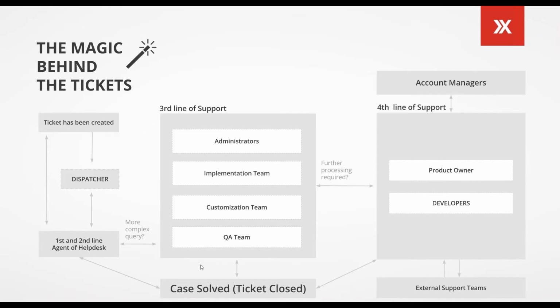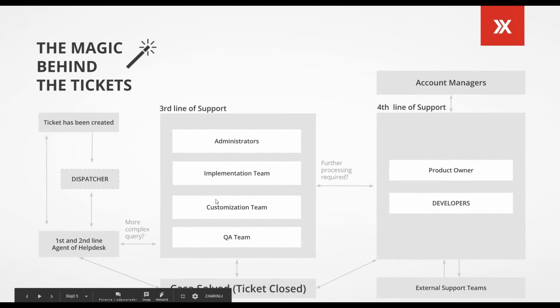Of course, it might happen that the case you reported requires further processing, or it's much more complex, or there is actually a bug. Then this ticket is transferred to the fourth line of support, which consists of developers and the product owner, so the product department.